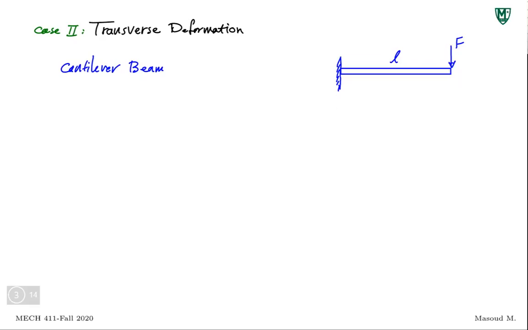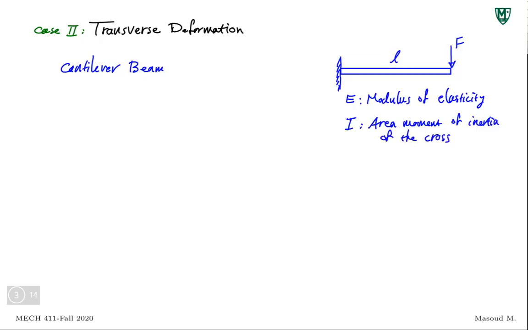I'll give you E as modulus of elasticity. That's whatever material this beam is made of. And I as area moment of inertia of the cross section, right? This is for area, so of the cross section of this beam.